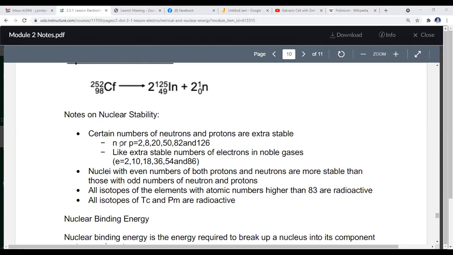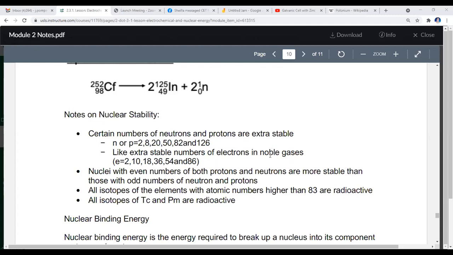In the case of noble gases, these are the numbers of electrons: 2, 10, 18, 36, 54, and 86. So this time we are looking into the number of electrons when we speak of the stability of noble gases.